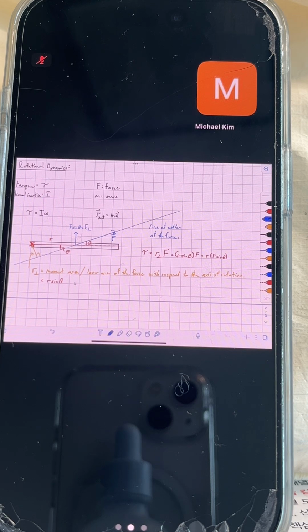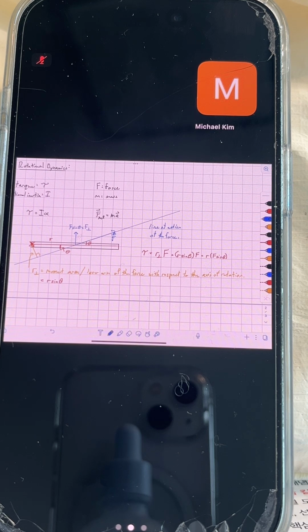So when I talk about the torque that's being exerted by a force relative to some axis of rotation, again, the definition of it is I look at the moment arm, which is the distance from the axis of rotation to the line of action, times the force. But then again, we can do a little bit of playing around. I can also think about it as being essentially the distance from the axis of rotation to where the force is being exerted, times the force times sine of theta.